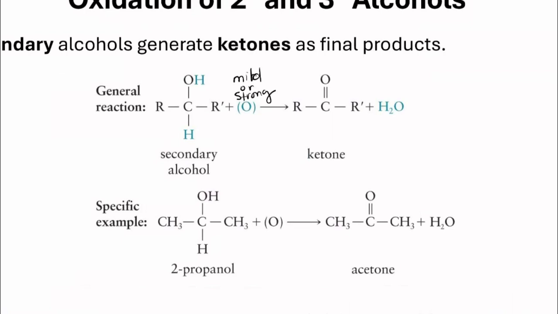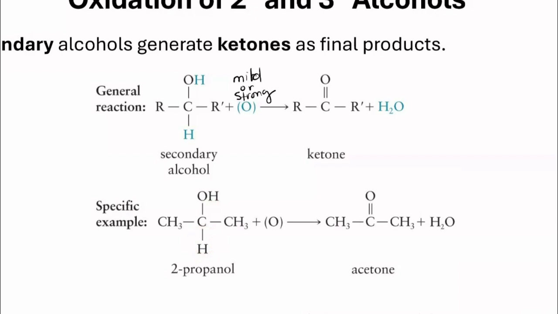Secondary alcohols can only make ketone, and this is how they are made. We can observe by looking at the example of 2-propanol that the secondary alcohol is going to lose the hydrogen at the carbon that is holding the OH and the hydrogen that is connected to the oxygen in the OH.